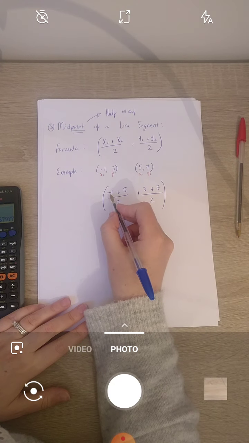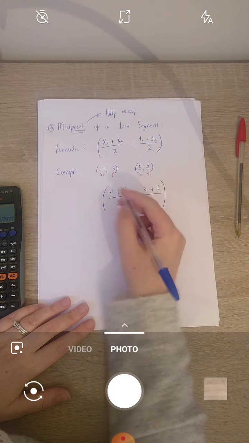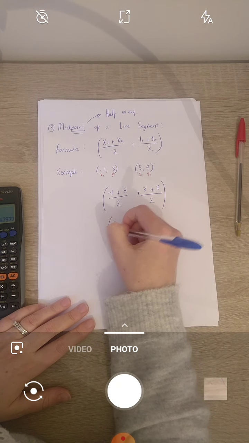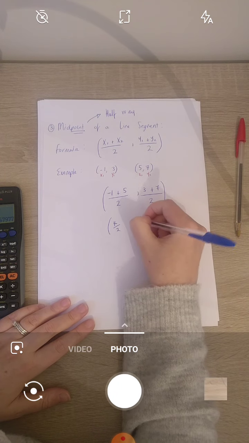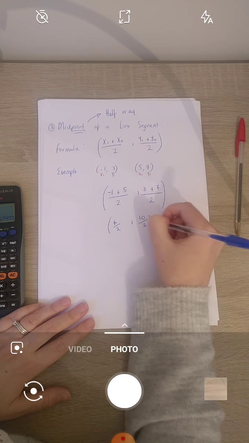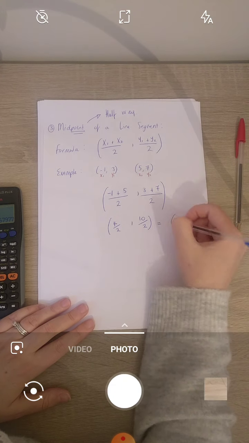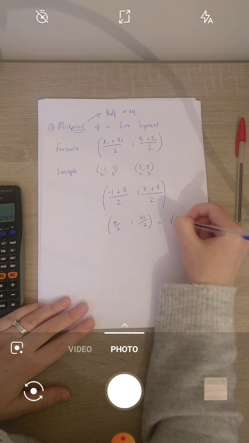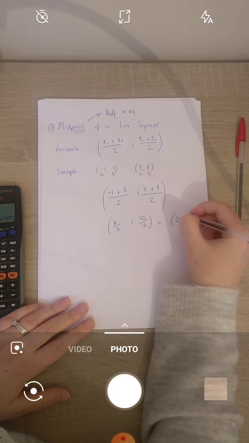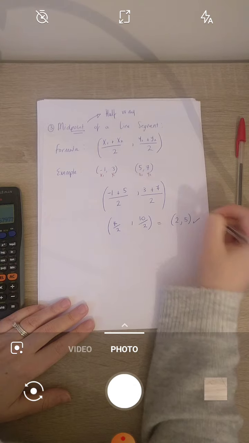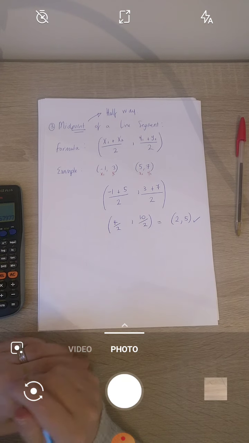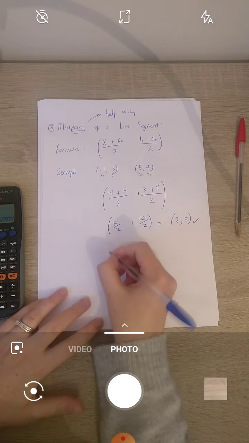Okay. Minus 1 plus 5 is 4, over 2. 3 plus 7 is 10 over 2. So your midpoint is 4 divided by 2 is 2. 10 divided by 2 is 5. So that would be the point that is halfway between those.